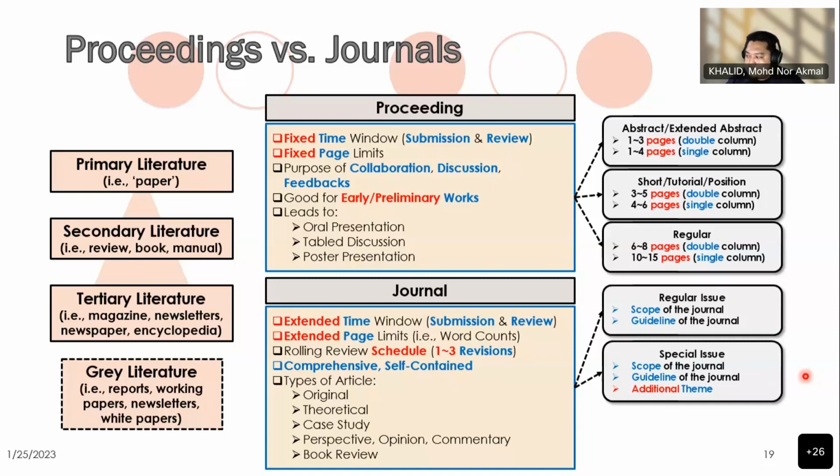But the special issue depends on a certain time limit. It's kind of like an extended conference, meaning that it produces a journal publication on a specific theme, but it's still published as a journal, not a proceeding paper.